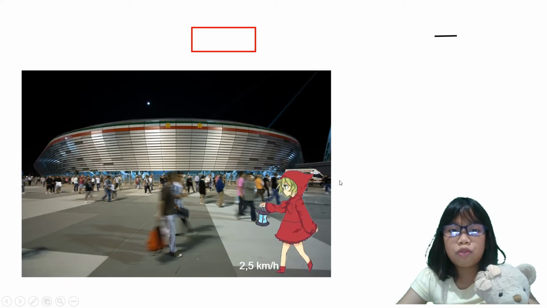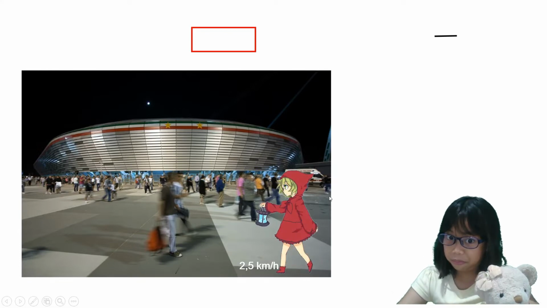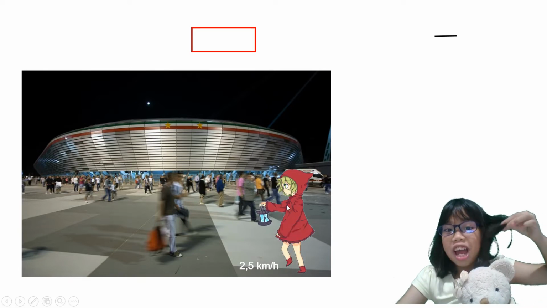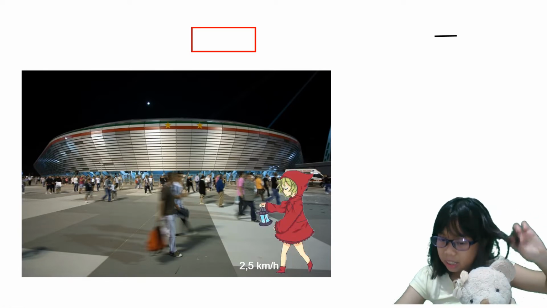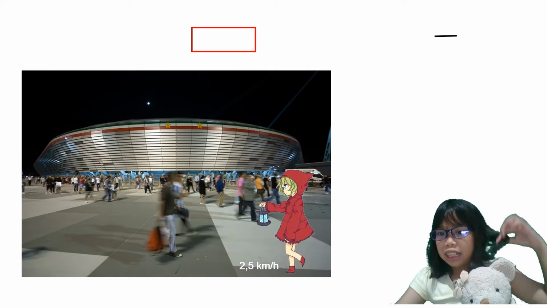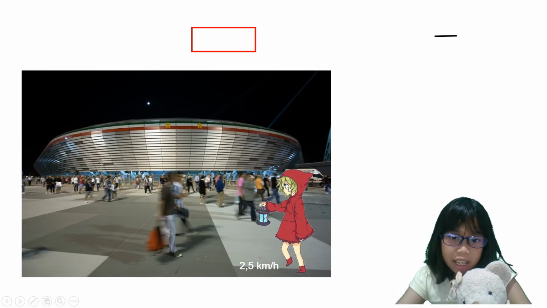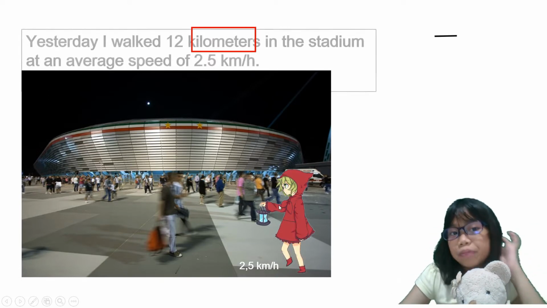Is it supposed to be me? I mean, oh my god. Blondie and Blackie, I don't know, whatever. So let's see the question.